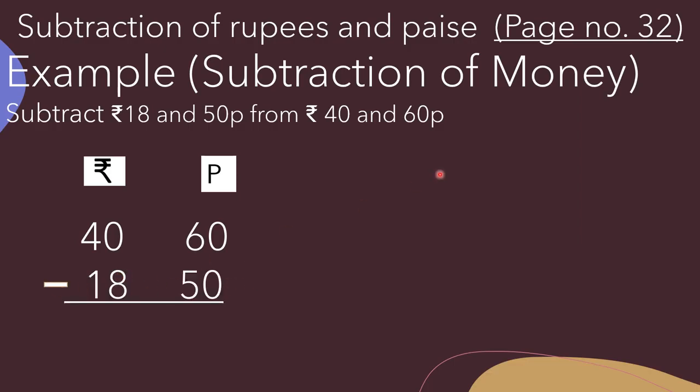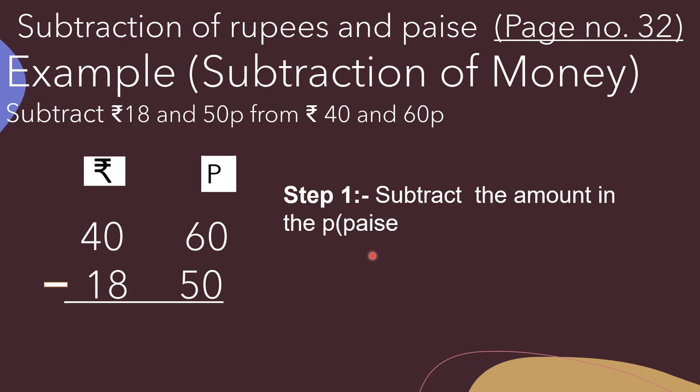So here step number 1 is to subtract the amount in the paise column first. So first of all we will solve this amount. 0 minus 0, that is equal to 0, and 6 minus 5, that is equal to 1. Now we have solved our paise column. Now we will solve the rupees column.